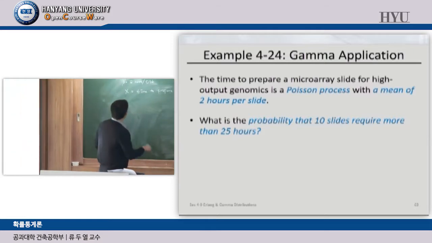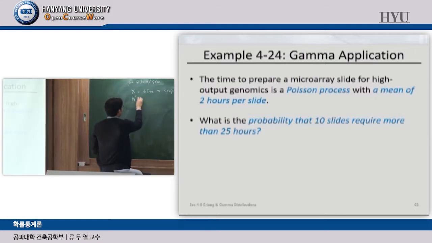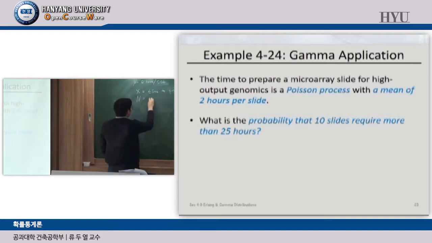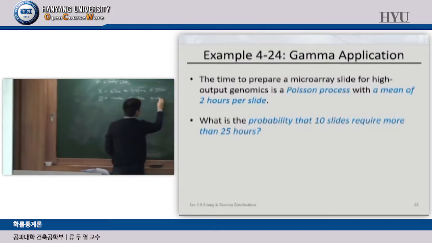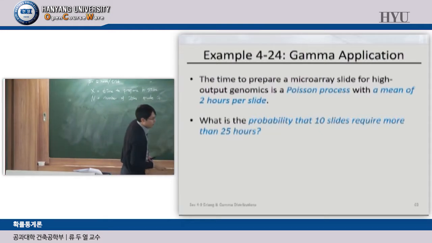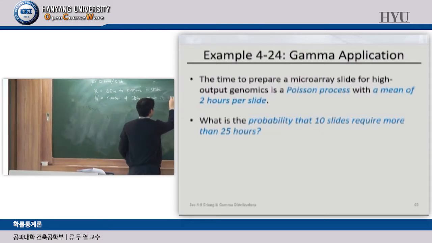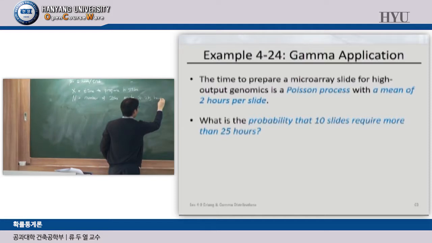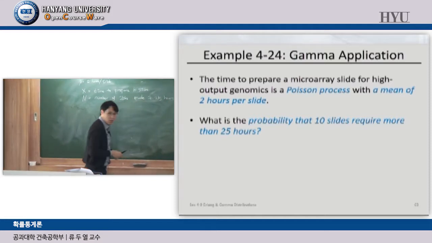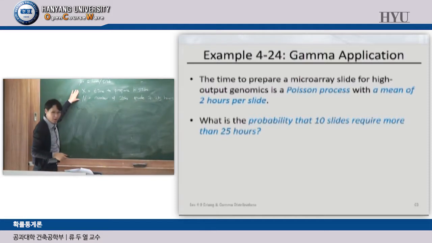And also we can have the random variable N here that can denote the number of slides made in 25 hours. Okay? We can have these random variables here.